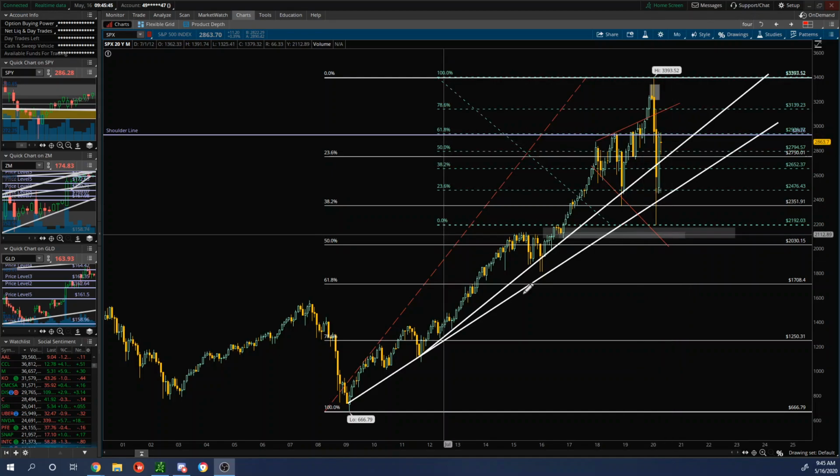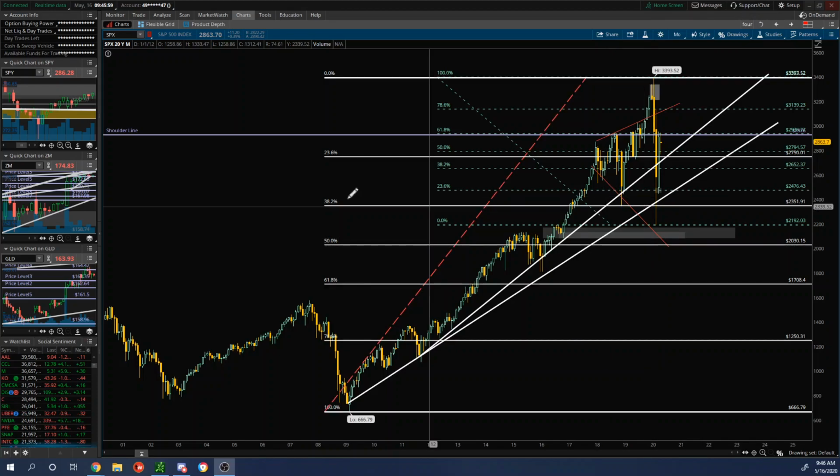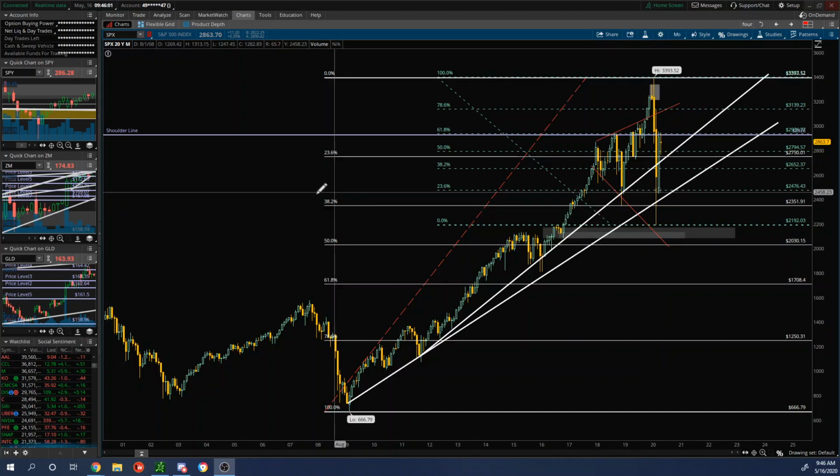The other thing that I want to note is these white fibs. These are the fibs from the 2009 low up to our recent highs. And what you want to notice here is that we never had any close below this 38.2%. That's typically the first fib to provide very strong support.